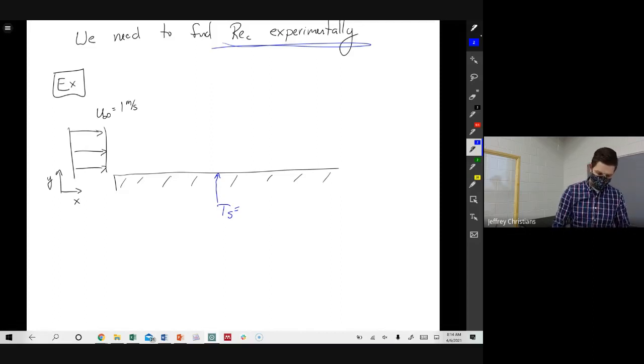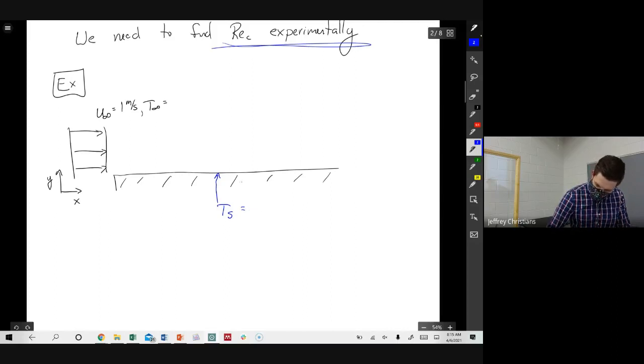Let's say this is at T_S equals, well, we'll just call it T_S because we don't actually need to care. But we'll say T infinity is, well, we'll do this: T_S equals 250 K. Sorry, everybody.